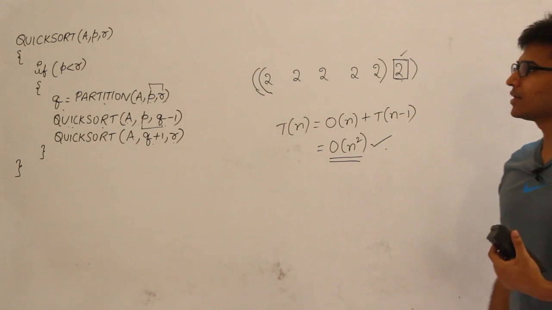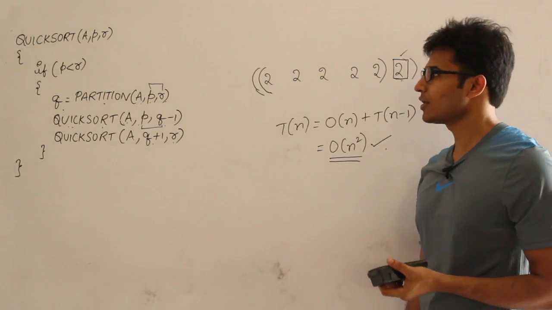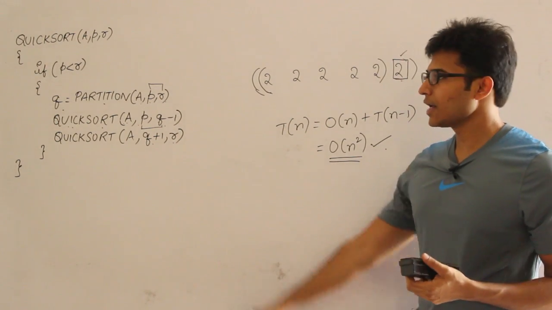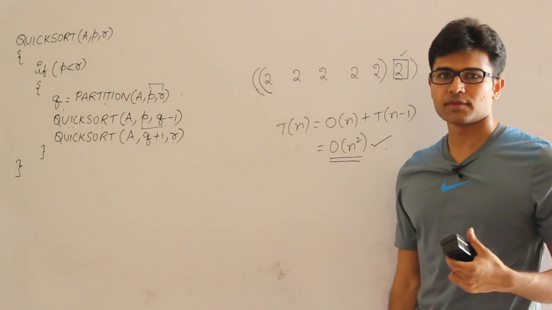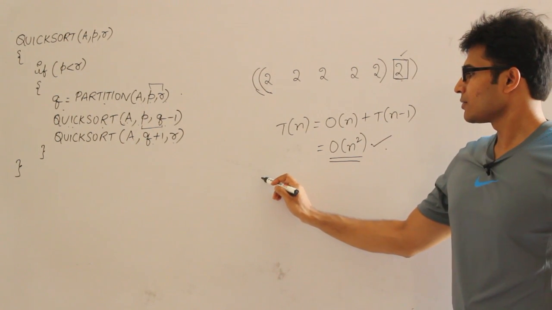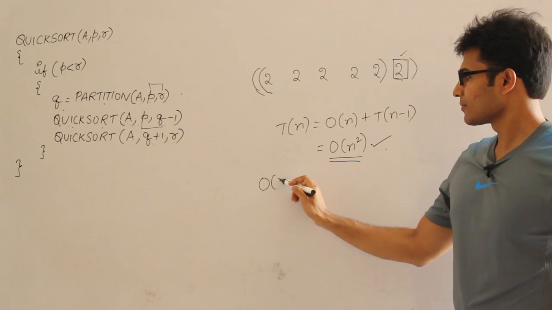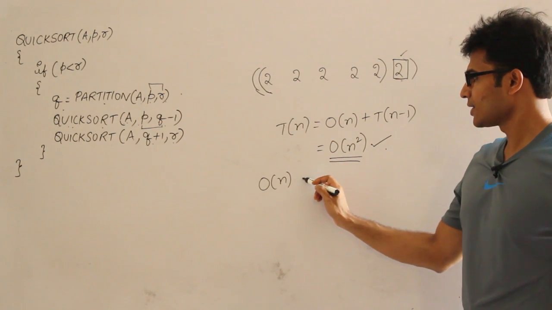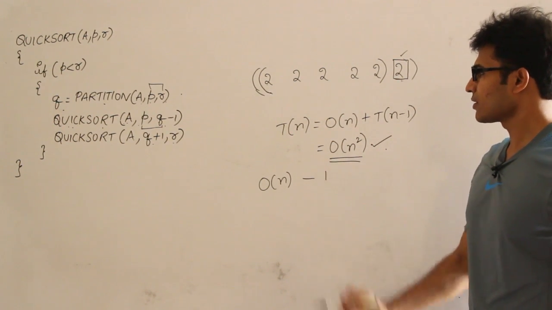If you analyze the time taken by quicksort, it is mainly because of the time taken by the partitioning algorithm, isn't it? So what is the partitioning algorithm doing? It takes order of n time and places exactly one element in its correct position.